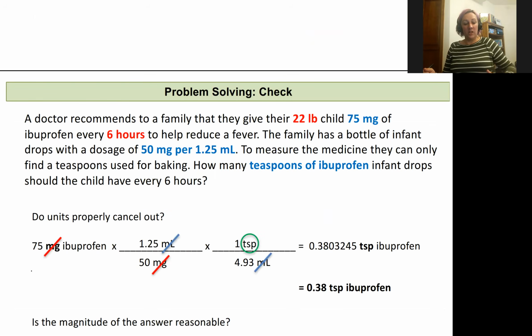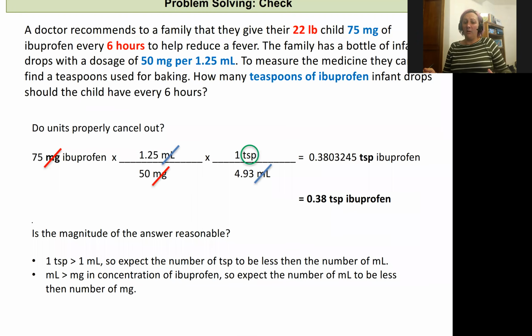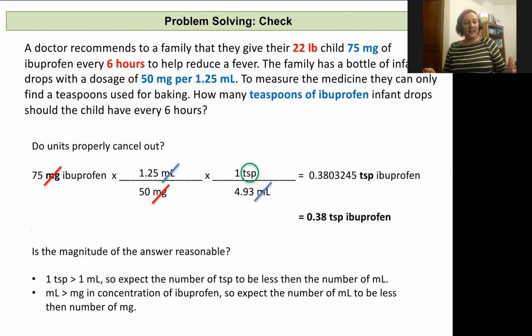And then when you want to double check yourself, the question becomes how? So I guess the best way to start, especially in intro chemistry, is just asking yourself, is the magnitude of this number at all reasonable? If I'm starting with 75 milligrams and ending in teaspoons, I know that 1 teaspoon is greater than 1 milliliter because I know 1 teaspoon's 4 milliliters. So I know that I need more than 50 milligrams of my medicine, and that would be 1.25 milliliters.